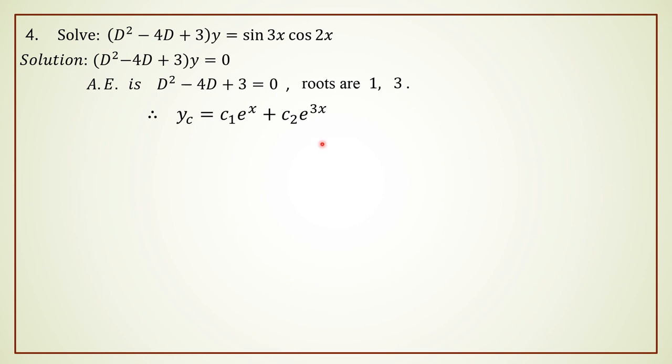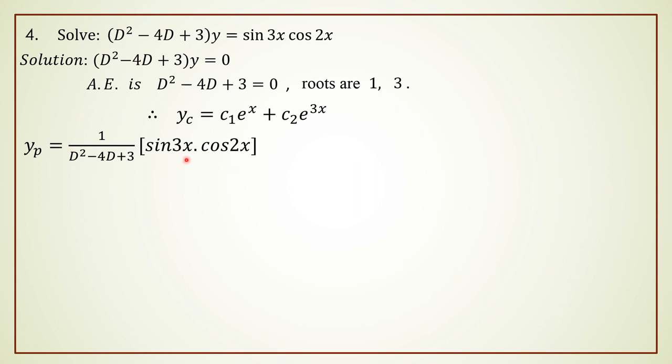Now to obtain the particular integral, yp = 1/(D² − 4D + 3) acting on sin 3x cos 2x. Just observe over here, students, it is a product of two functions, so I cannot evaluate it directly using type 2. So I am going to express sin 3x cos 2x as a linear sum of sines.